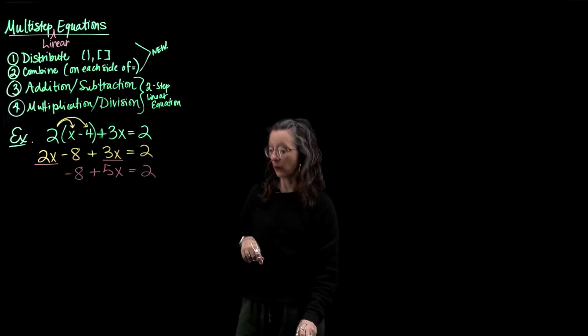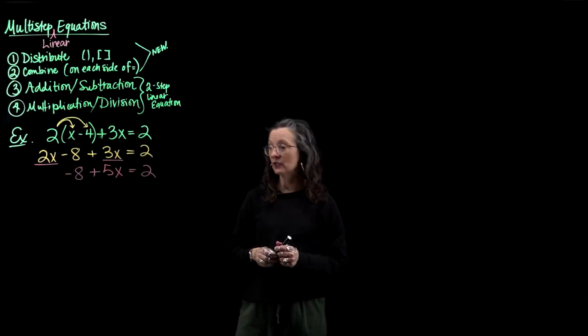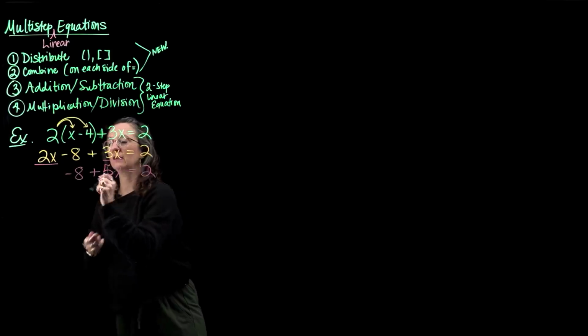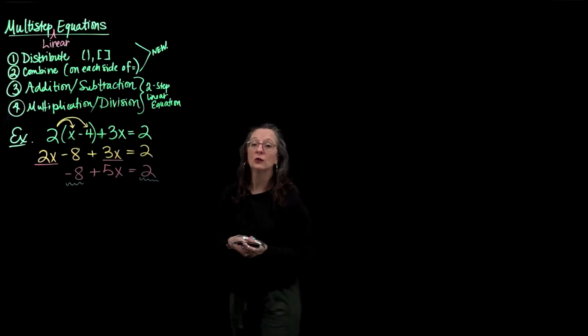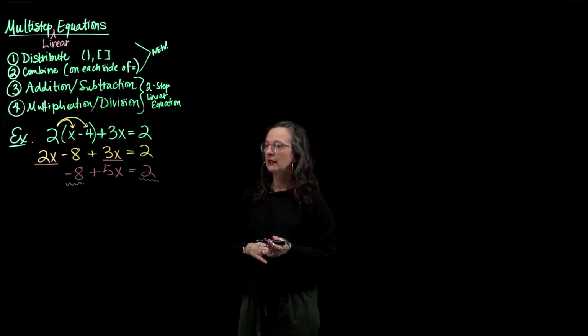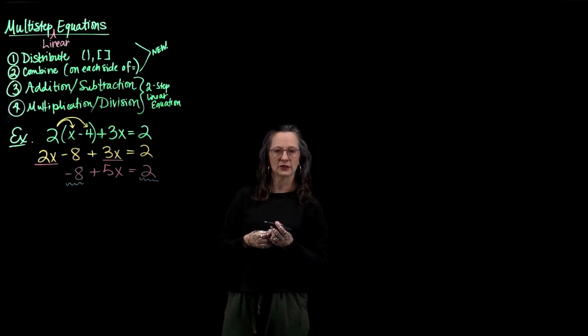All right, at this point, we just have a two-step linear equation. So we're going to look for those like terms of negative 8 and positive 2, and we're going to use addition or subtraction to combine those two terms. Now, I'd like to get the variable on one side and all the numbers on the other side.